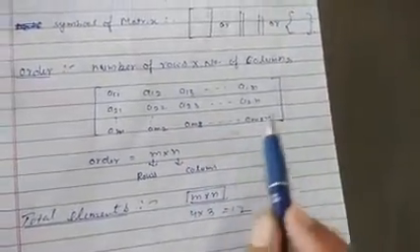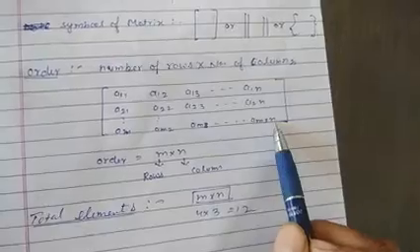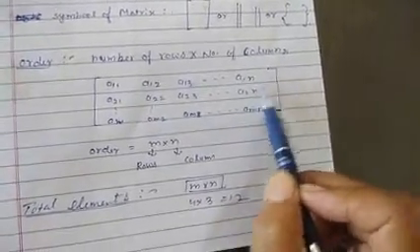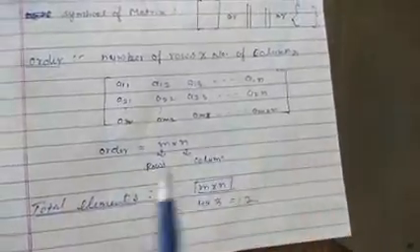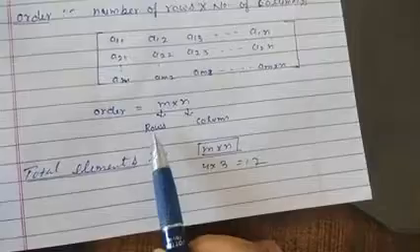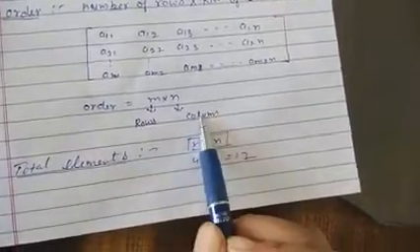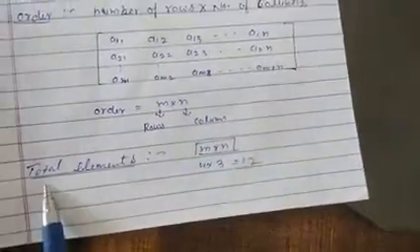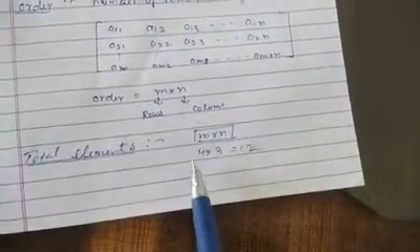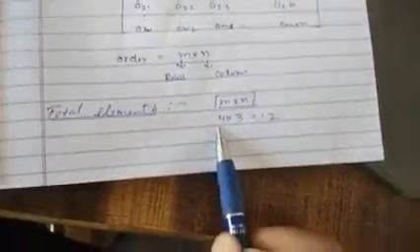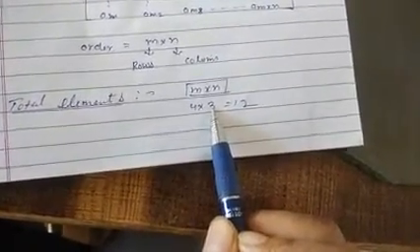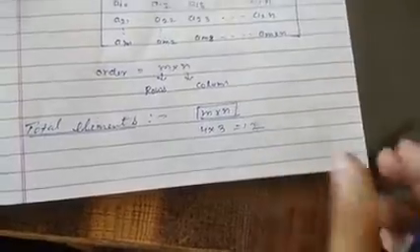So it shows how many columns and rows there are: M rows and N columns. That's why we write its order as M into N. M represents rows and N represents columns. The total number of elements is M multiplied by N. It means if any matrix has 4 rows and 3 columns, it has a total of 12 elements.